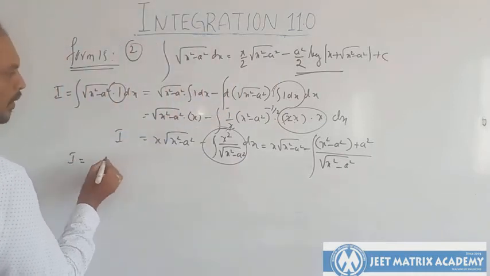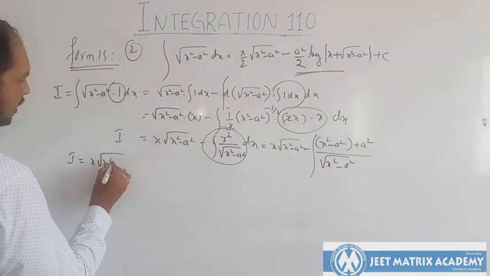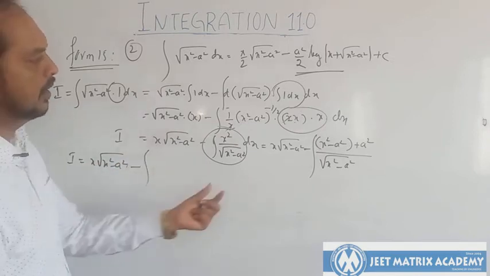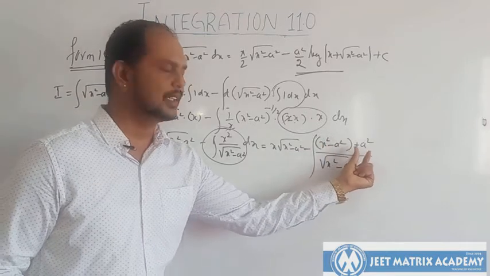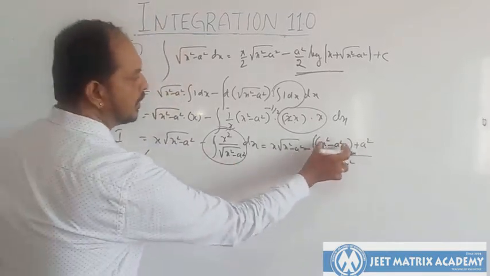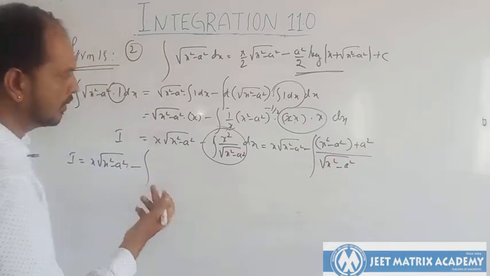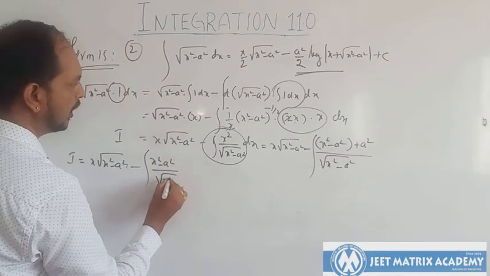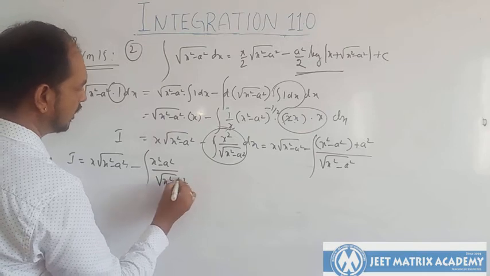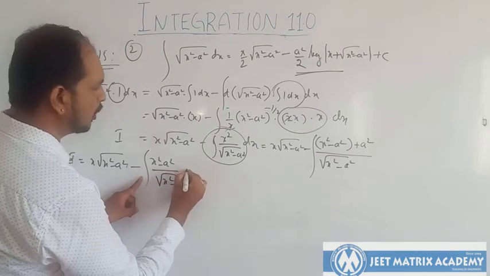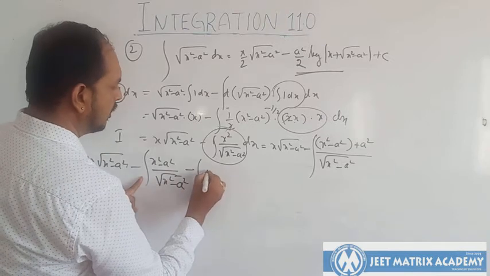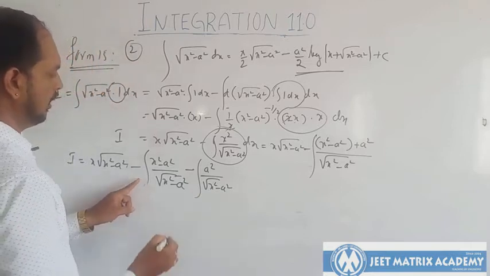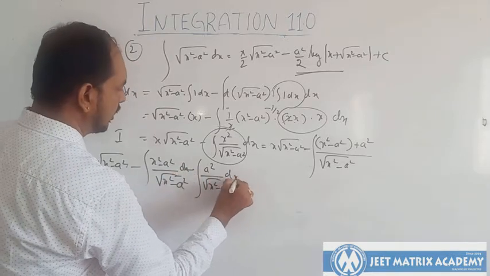Now this I equal to x root of x square minus a square minus, now this looks like a plus b divided by c. So this divided by this plus this divided by this. So integration of x square minus a square divided by root of x square minus a square, this also becomes minus, am I right? So a square divided by root of x square minus a square dx.